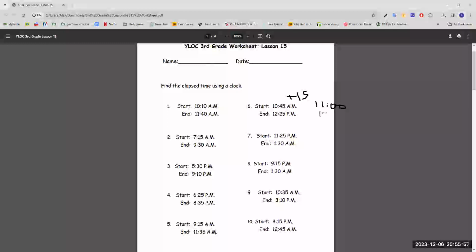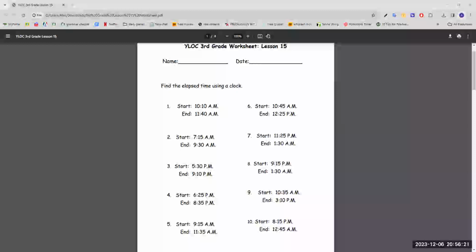And we still have 12:25. So 25 minus 0 is 25. 12 minus 11 is 1. And we have to add the 15. So 125 plus 15 minutes is 140.